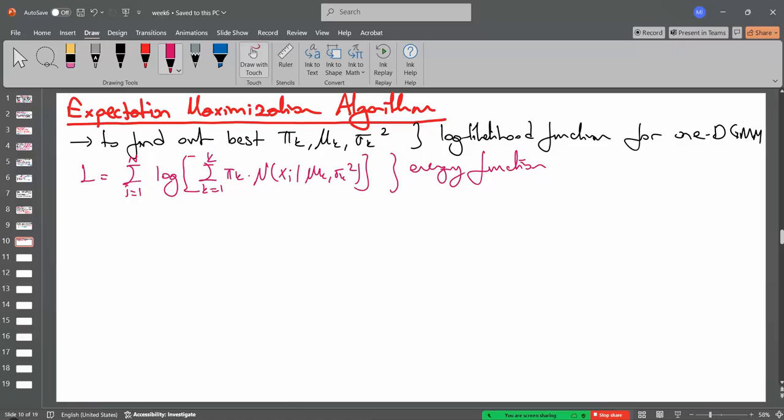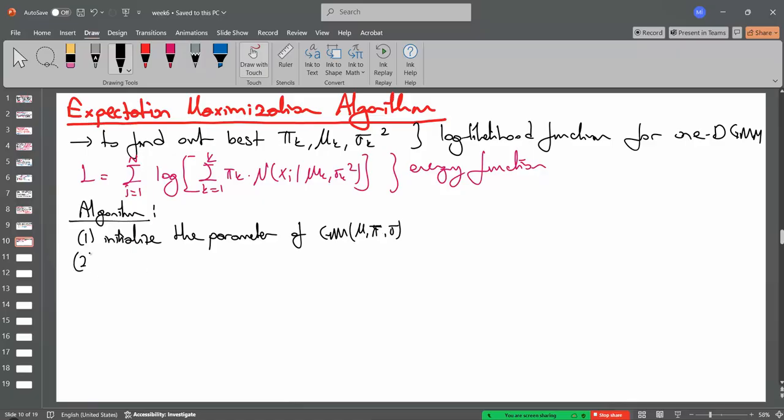This is the iterative algorithm. First, initialize the parameters of the GMM, mu, pi, sigma, and also assign initial values to wik.